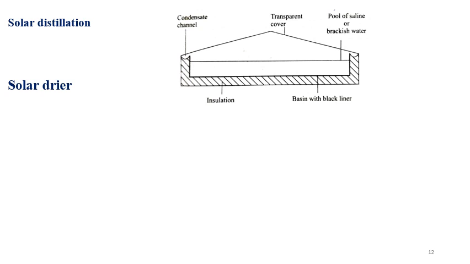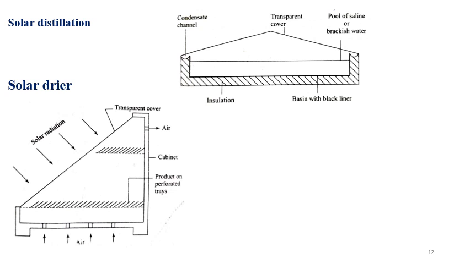Then solar drying, or solar dryer, where you can use solar energy in order to dry fruits or vegetables, as per our requirement.